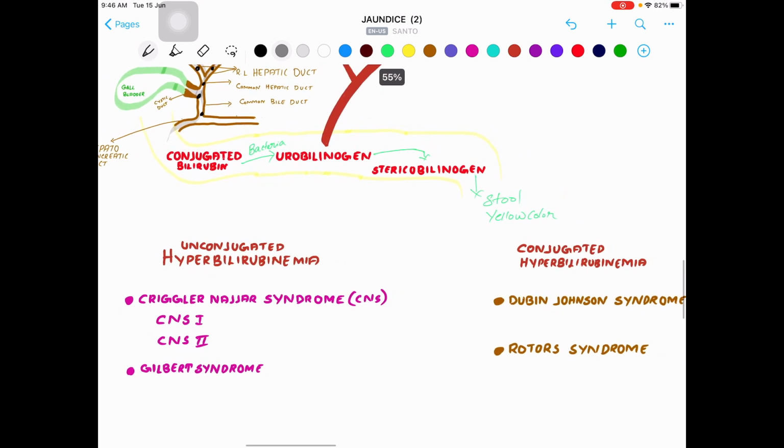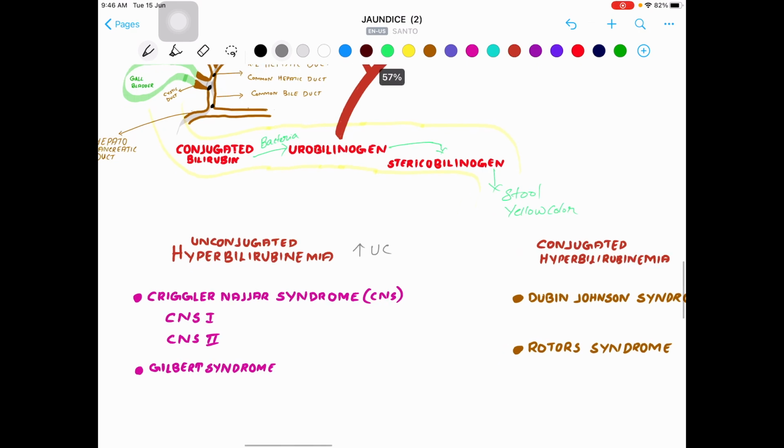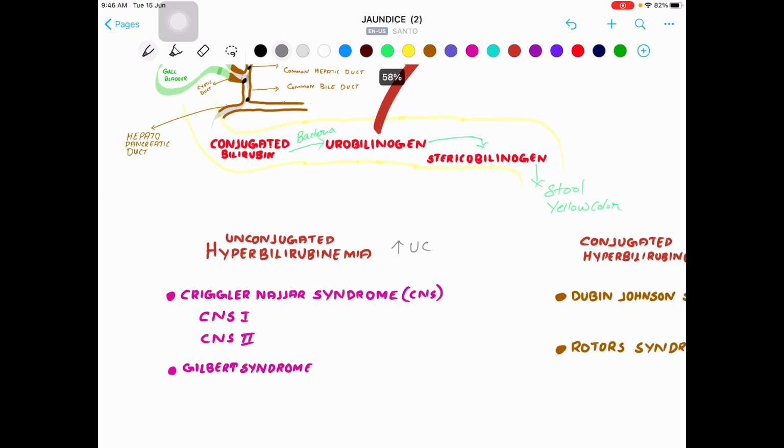There are two main sets of genetic conditions. Those are unconjugated hyperbilirubinemia, that means increase in unconjugated bilirubin in blood. Here we have Crigler-Najjar syndrome, CNS1 and CNS2, that means type 1 and type 2. Also we have Gilbert syndrome.